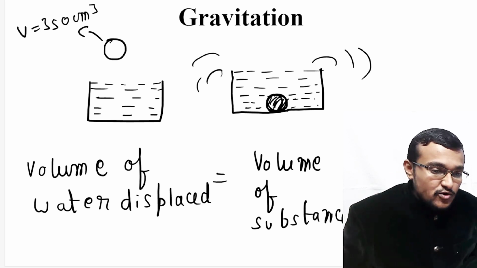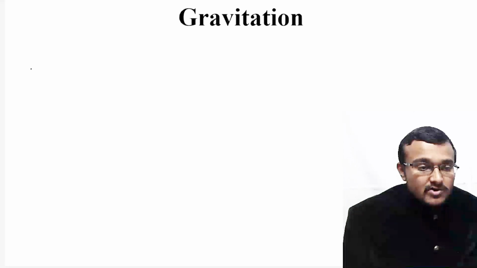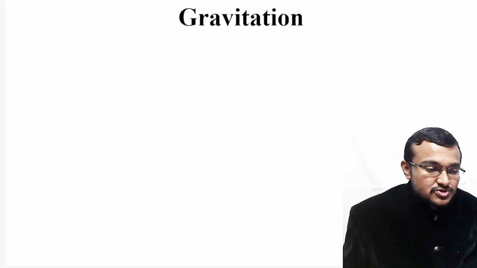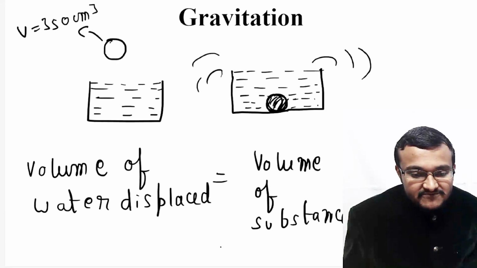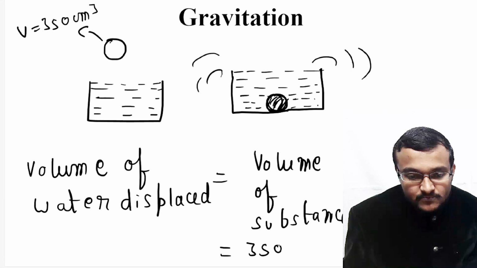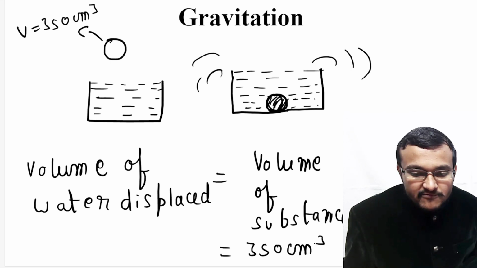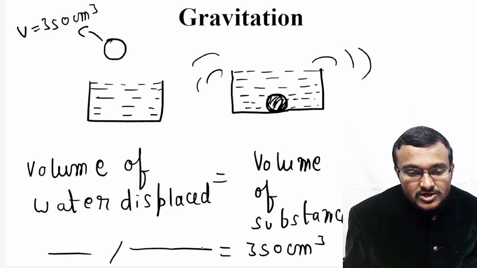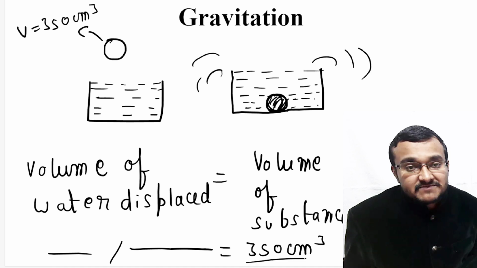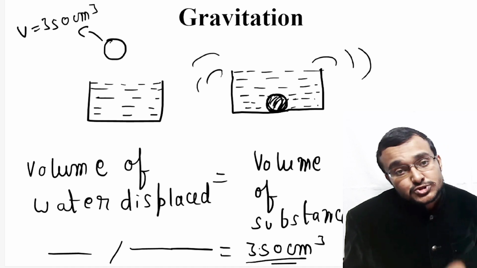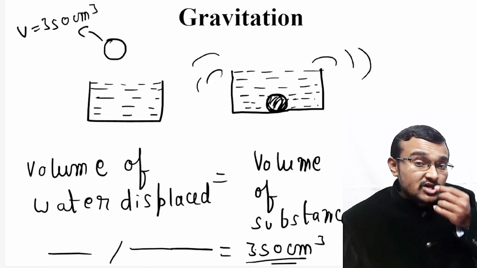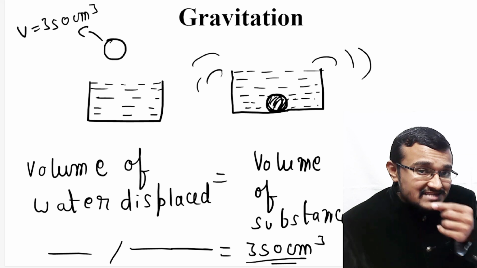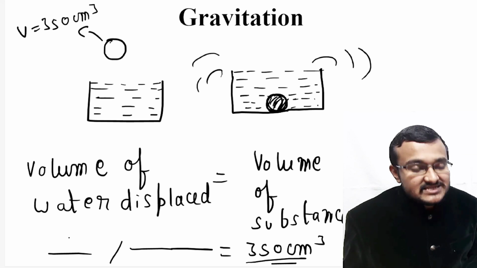So the volume of water displaced is equal to 350 centimeter cube, because the volume of water displaced is equal to the volume of the substance. You have to calculate the mass of this particular water which has got displaced.